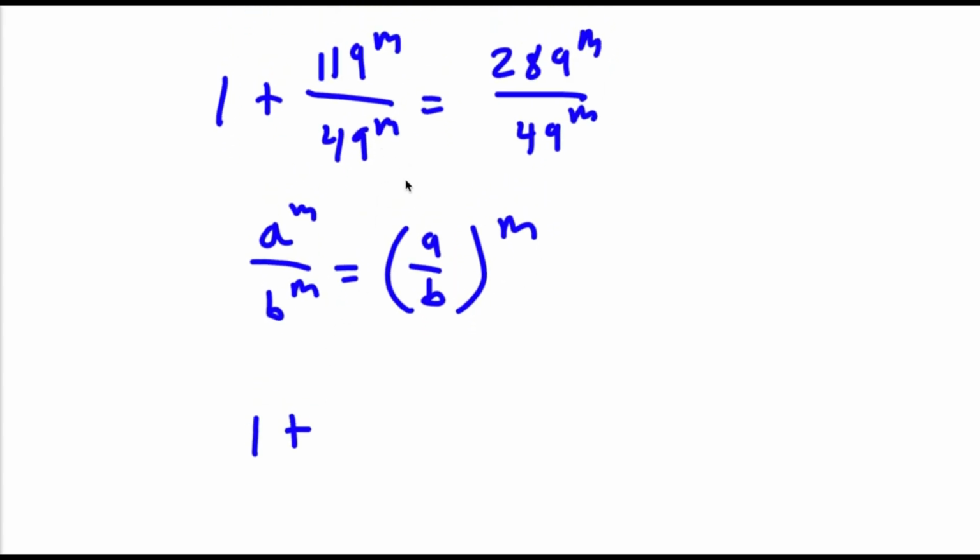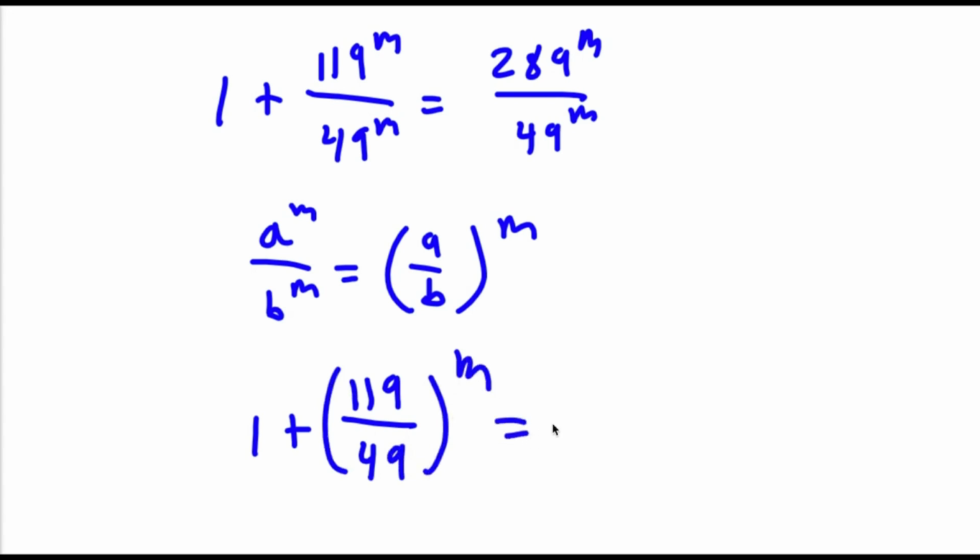So I can rewrite 119 to the power of m over 49 to the power of m as (119 over 49) to the power of m. I'm going to do the same thing with 289 to the power of m over 49 to the power of m. So this is equal to (289 over 49) to the power of m.